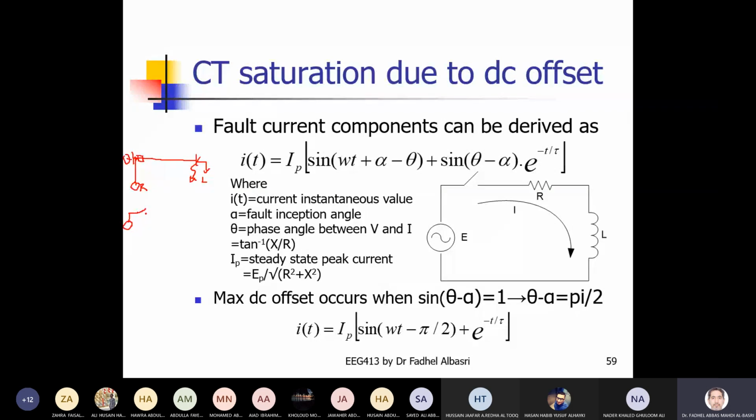So I'll make a switch representing the breaker, and the resistance R of the impedance from the source to the fault point, and the coil that also represents the inductance from the source to the fault point, and this represents the short circuit. And that's the circuit breaker, the place we want to open, and this is where the CT is located. So I would like to see how the current looks during the short circuit.